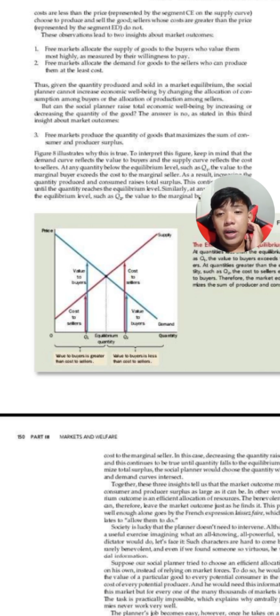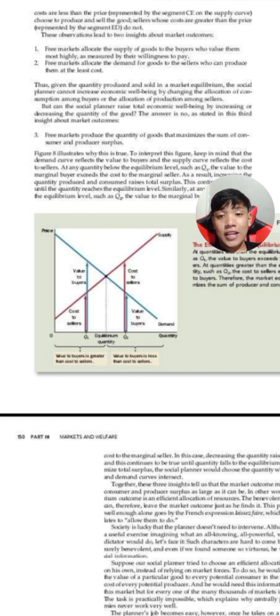Free markets produce the quantity of goods that maximizes the sum of consumer and producer surplus. To interpret this figure, keep in mind that the demand curve reflects the value to buyers and the supply curve reflects the cost to sellers.